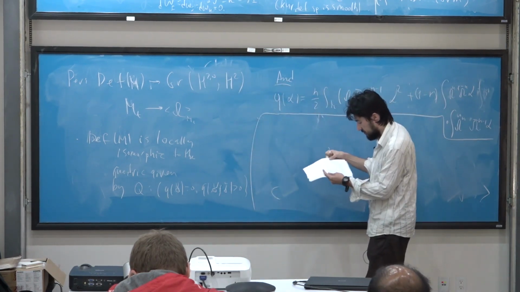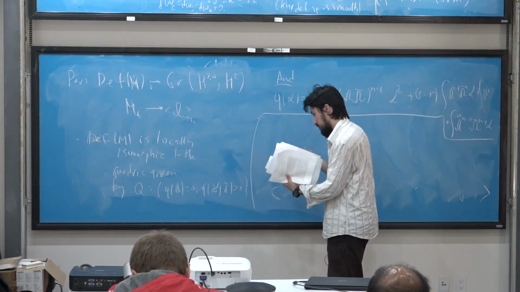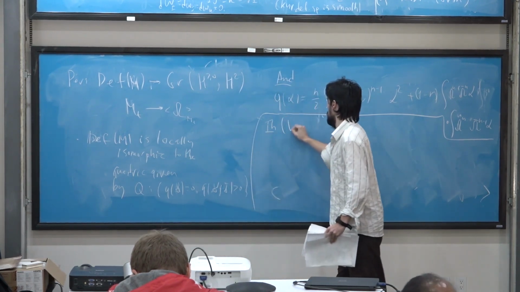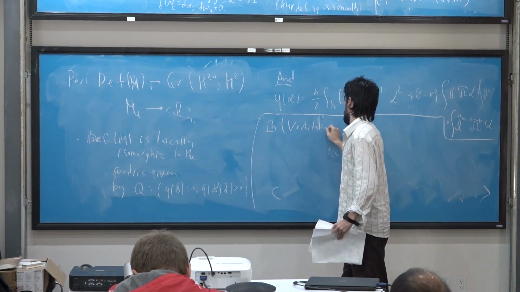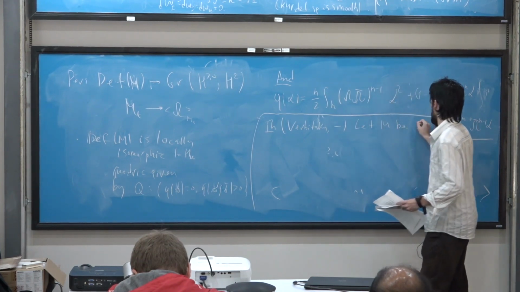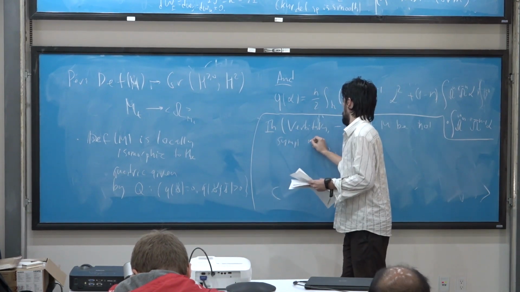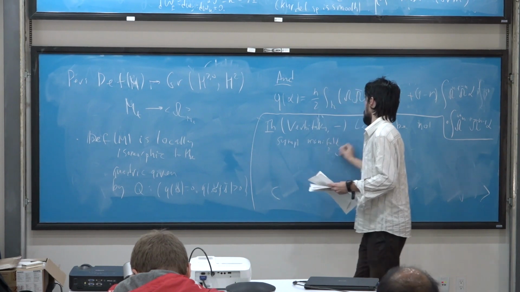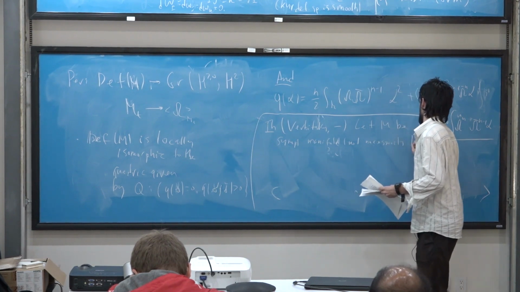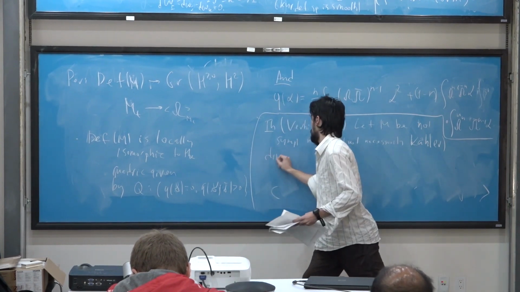So let me first start with a theorem. It's a joint work with Verbitsky. The theorem is the following one. Let M be a holomorphic symplectic manifold, not necessarily Kähler, of dimension 2n.